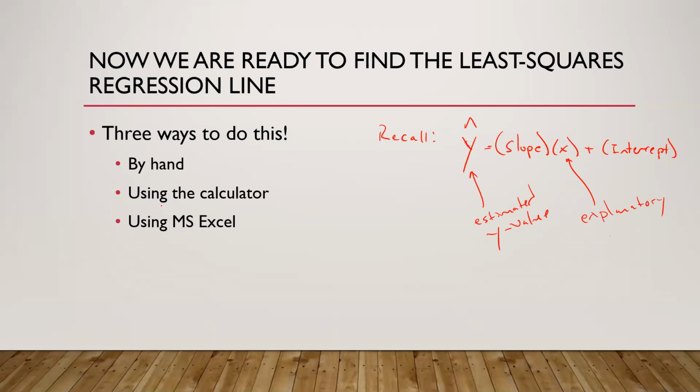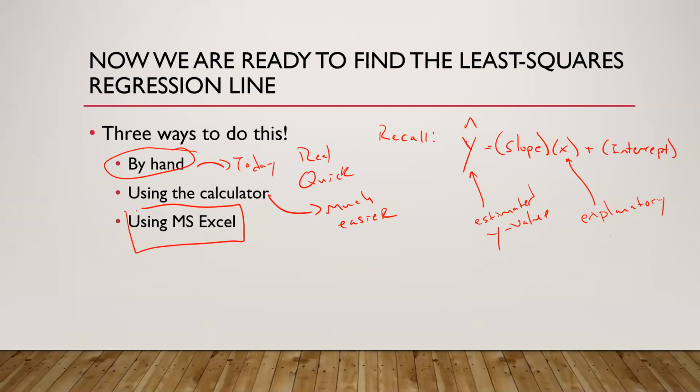There are 3 ways you can do this. You can do it by hand, which is what we're going to do today real quick. Then after we learn it by hand, I'll show you how to do it with the calculator. If we have time next class, I'll show you how to use Microsoft Excel, but I don't know if we will have time.